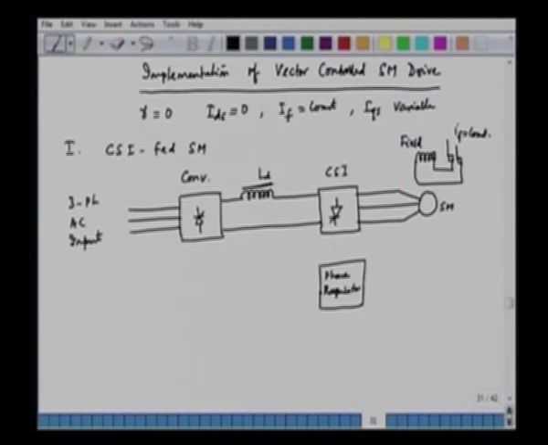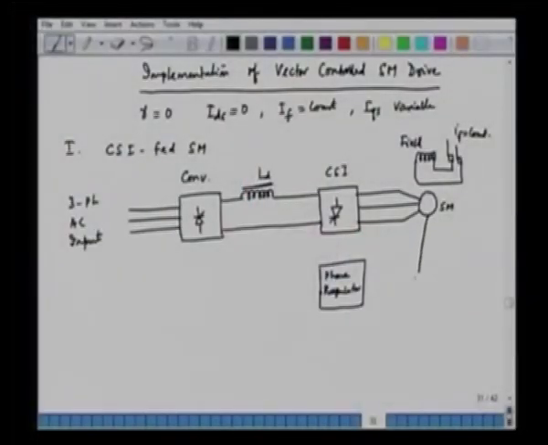To control the synchronous motor, we have to use a position sensor. That is very much necessary, because the motor is being operated with self control mode. Unless we have a position feedback, we cannot have self control mode. So, we have to have a measurement of theta r. This is achieved by using an encoder to obtain the position information, that is theta r.